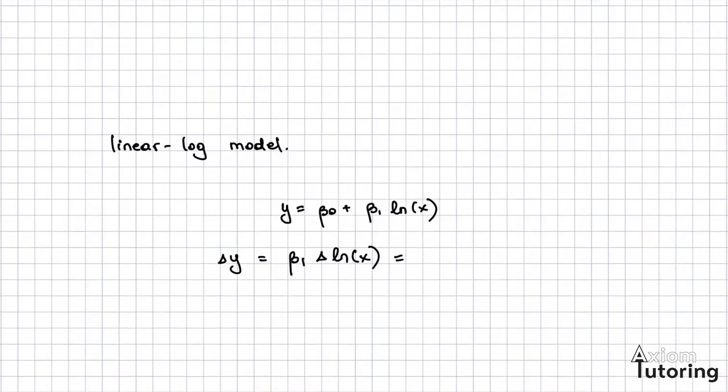If I multiply and divide by 100, I am not going to change the actual value. So here I'm going to do beta 1 divided by 100, times 100, and then the change in ln of x.